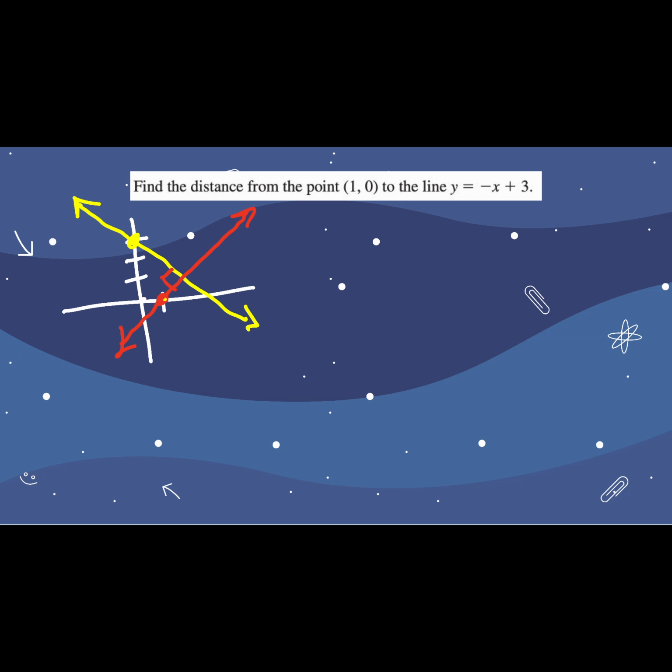So if we're writing the equation for a perpendicular line, y equals, we have to have the opposite inverse slope. Well, this is a slope of 1, so our slope would just be positive 1 this time. We're just switching from negative to positive. x. Now intercept.